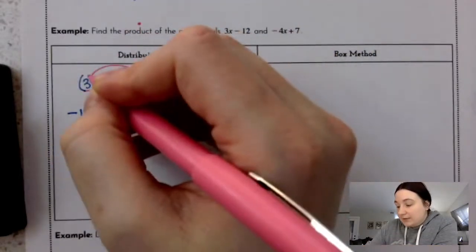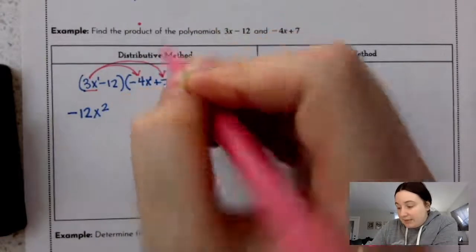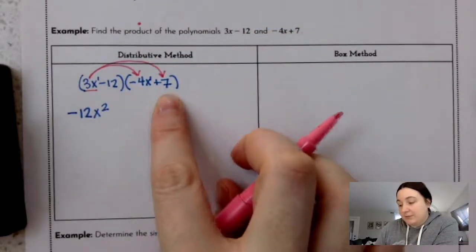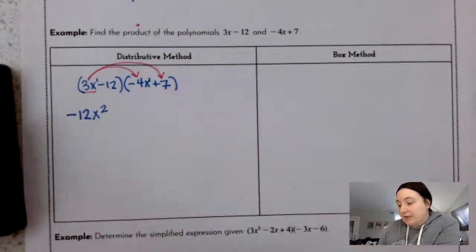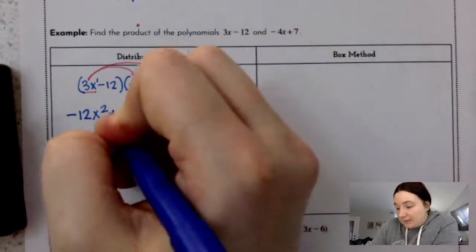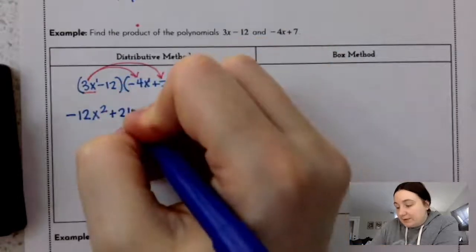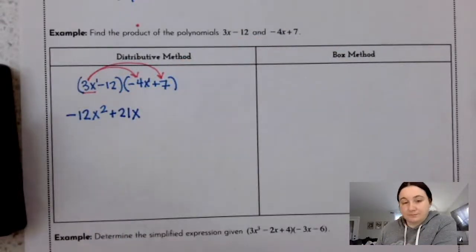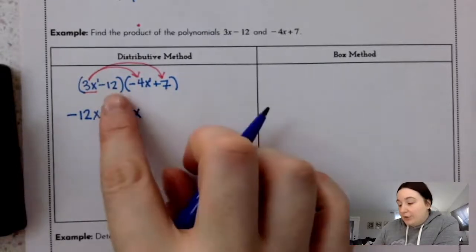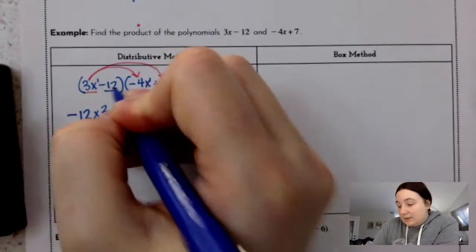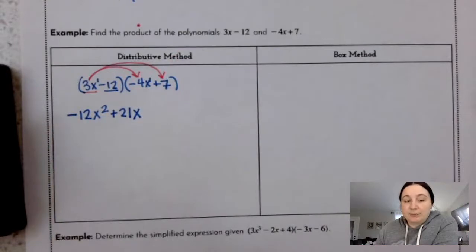So now I go back to this first term and I distribute again to the next term. So 3 times 7 gives me a positive 21. And then there's 1x here and none here, so I just have 1x. Now you're going to go back to the next part and distribute that one.